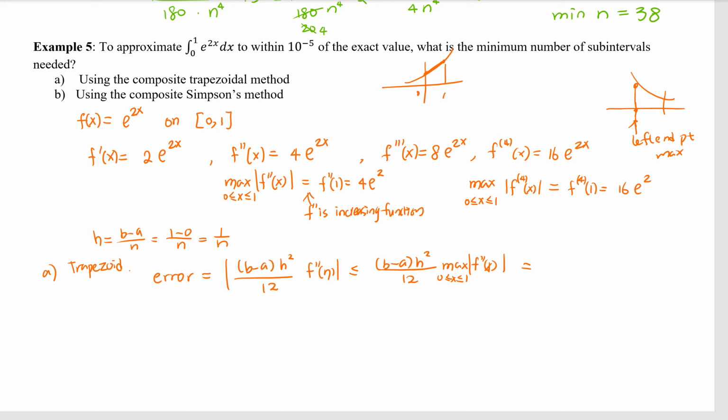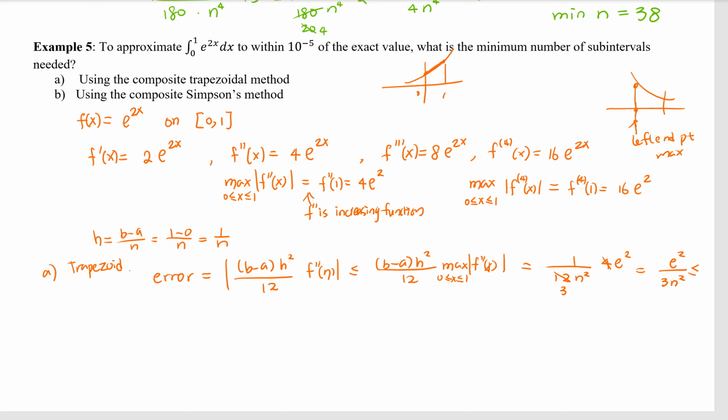Okay, b minus a is 1. h is 1 over n, so h squared is 1 over n squared. And then we have the bound, f double prime is 4e squared. Oh, we can cancel this. We get e squared over 3n squared.